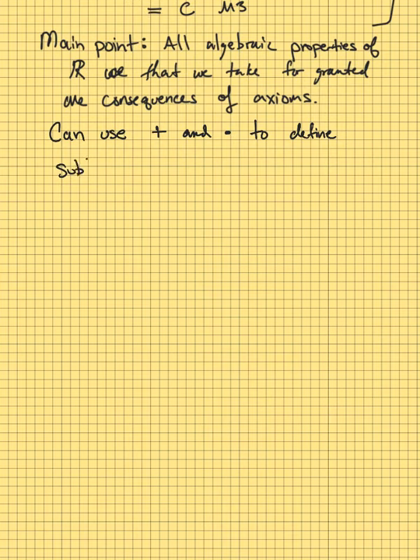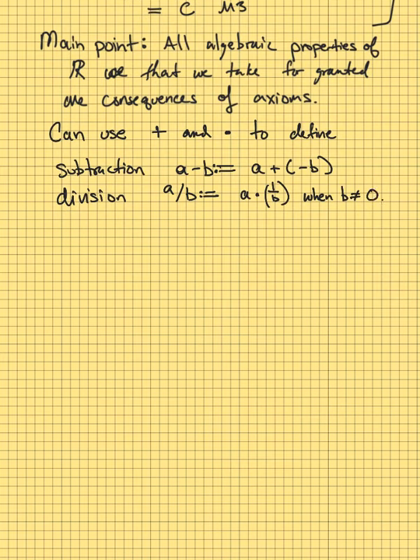So we have subtraction, which is just going to be a minus b is defined to be a plus minus b. And division, a over b, is defined to be a times 1 over b when b is not equal to 0.